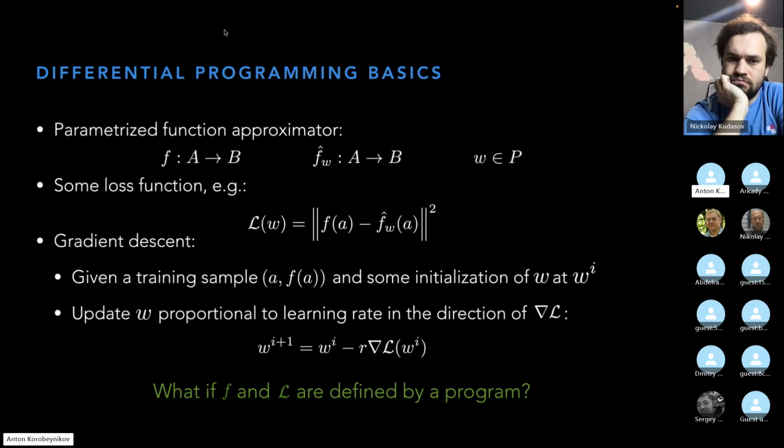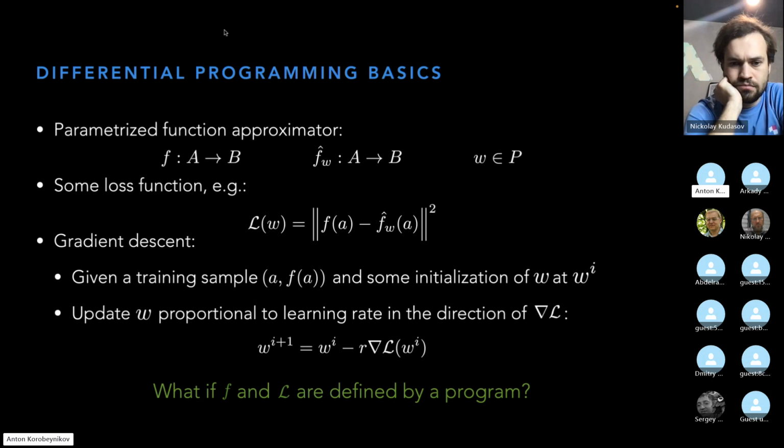But for our purposes, and for the purposes of what's called differentiable programming, what should we do if both the function and the loss are defined by the program? So how could we do that? How can we operate in the gradient descent?